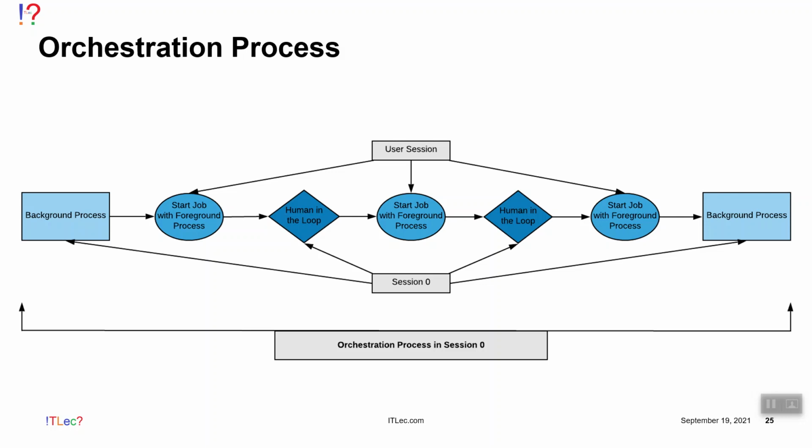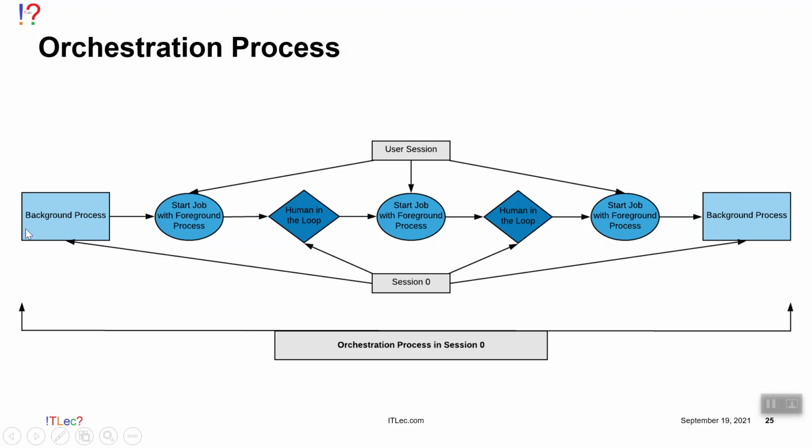So we usually use orchestration process in unattended processes, and human intervention comes into play when certain processes require human inputs to handle exceptions, approvals, or validation before proceeding to the next step in the activity. In this situation, the process execution is suspended until the human task is completed.